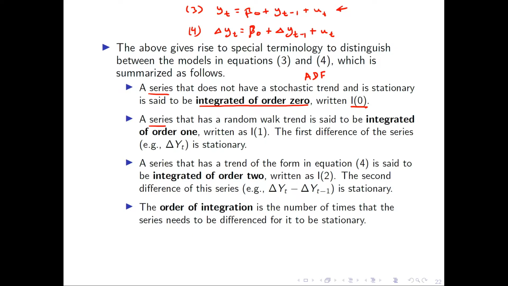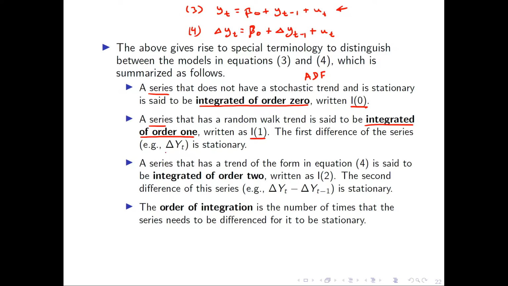And then you say that it's integrated of order 1, or I(1). So now you can just difference the series once, and you can use it in your statistical analysis.